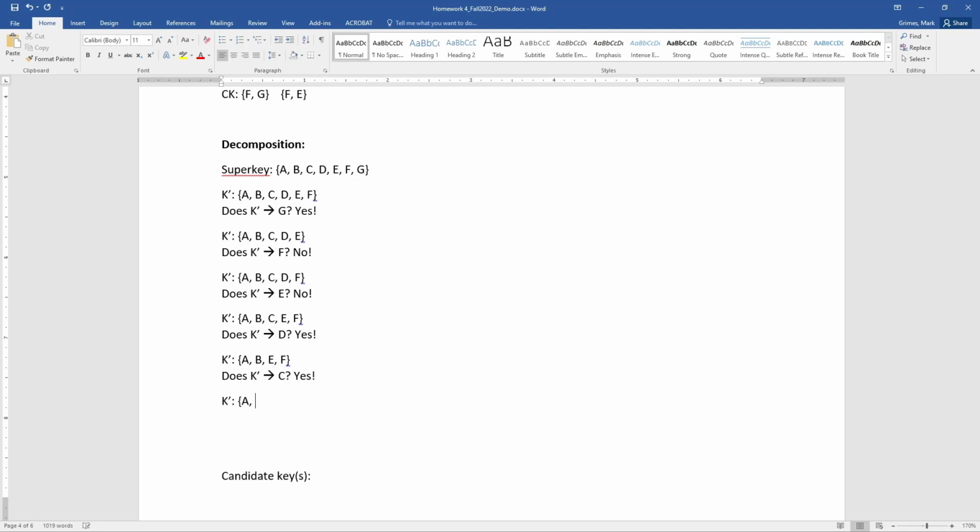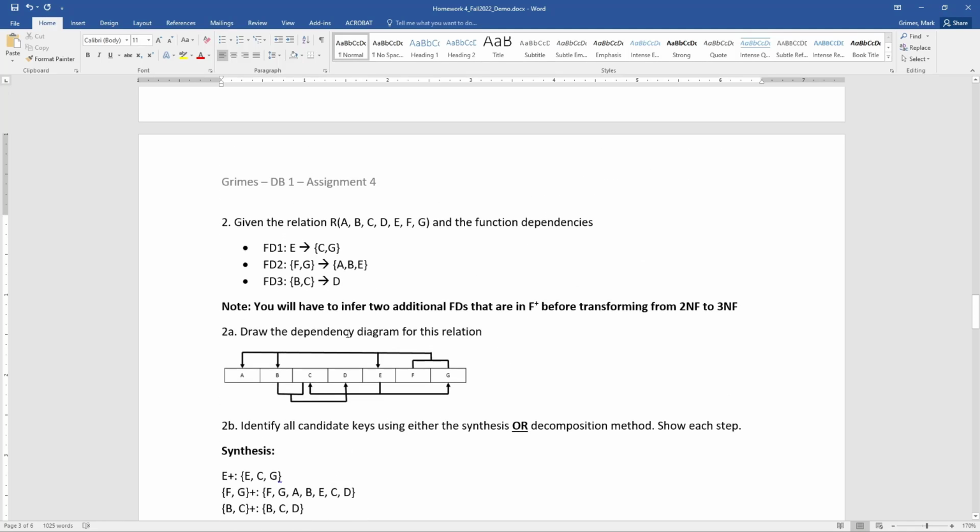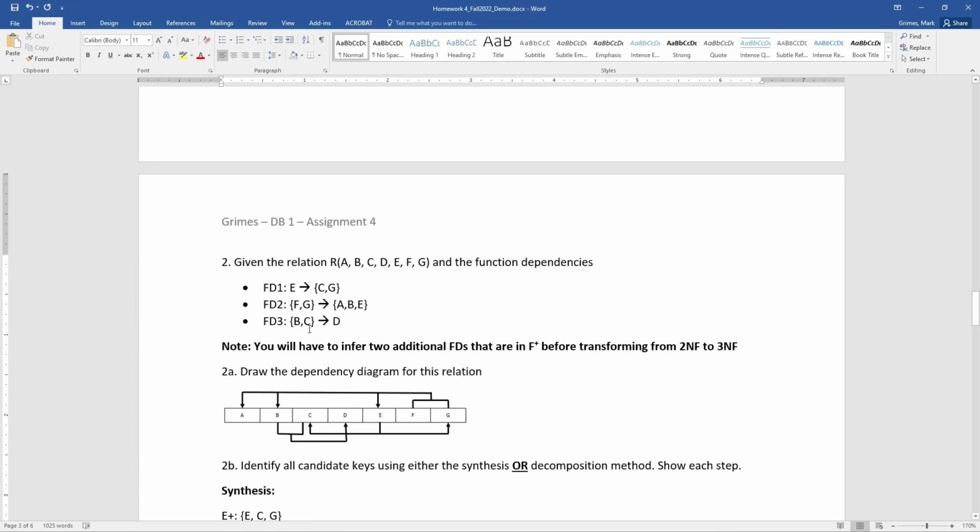If we make K prime A, E, F, and then we're going to ask the question, does K prime functionally determine B? Does A, E, F determine B?